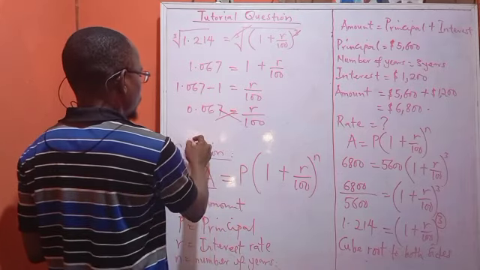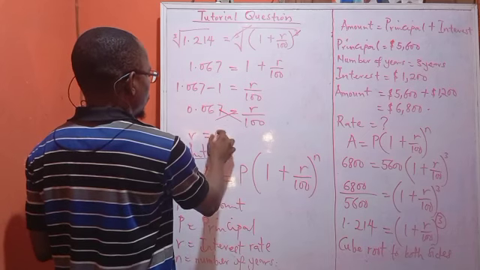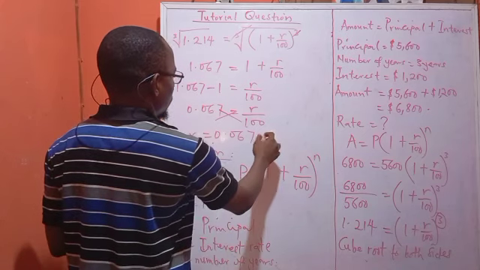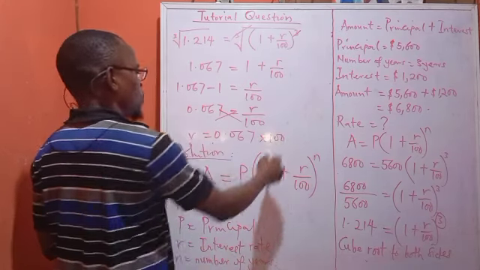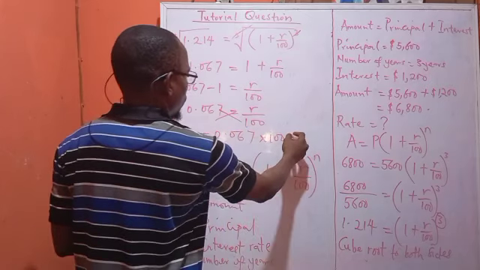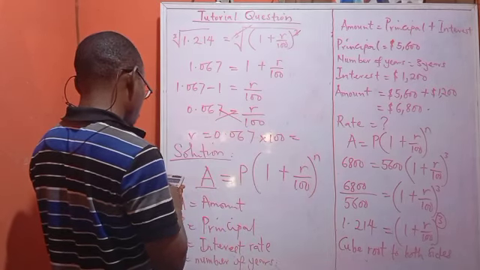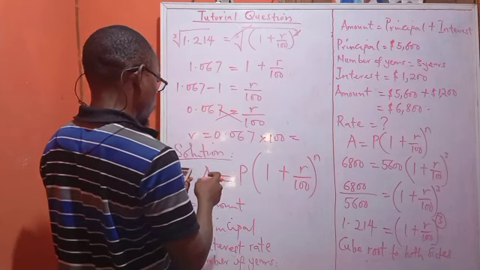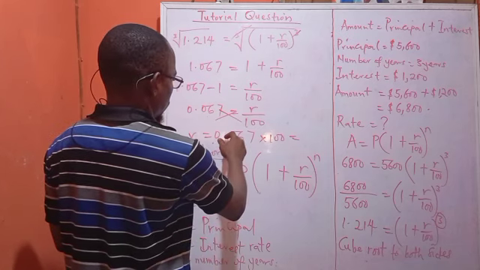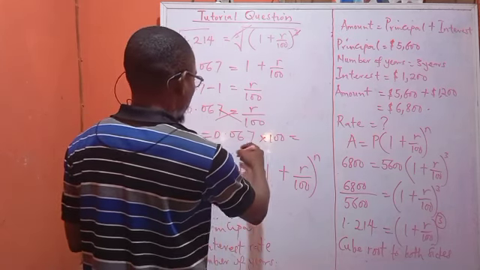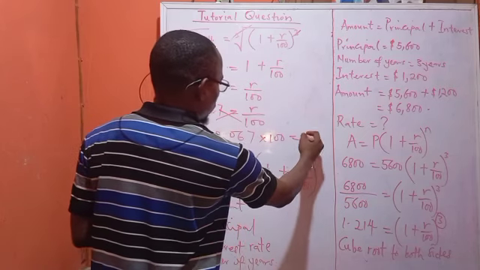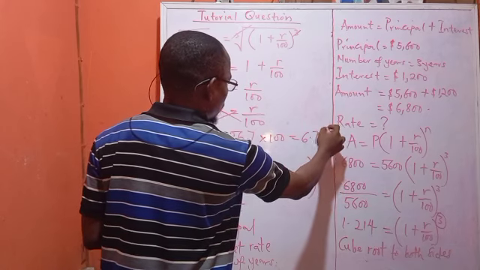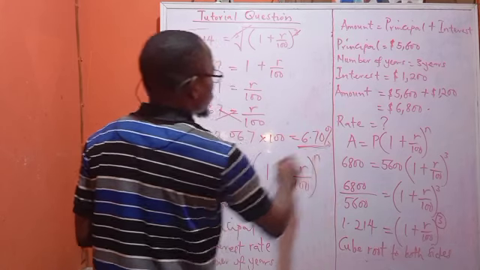Let's cross multiply. R equals 0.067 times 100, so times 100, I'll have 6.70%.